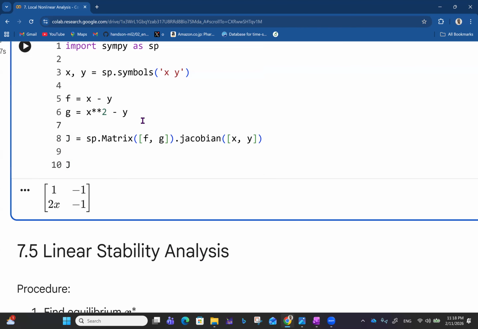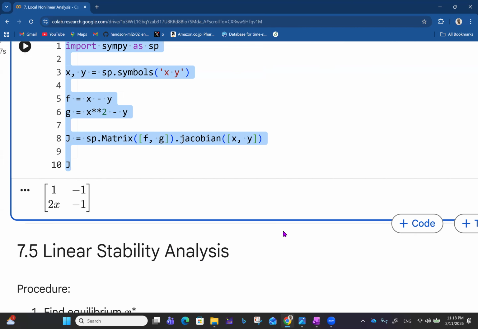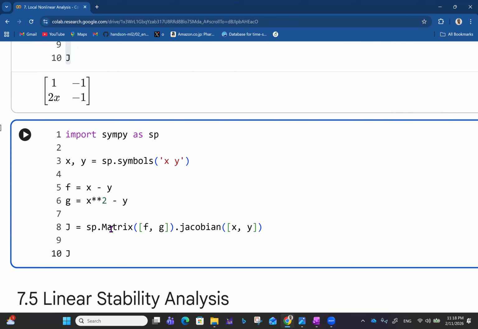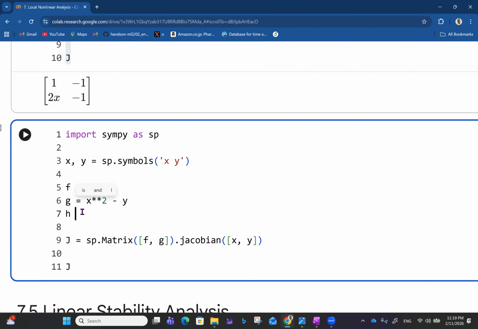What if things get a bit more complicated and you have another kind of expression? Let me do three variables now. So we have f, g, h. Let me say this one is y raised to power 3, and then h is equal to x cube minus y cube.